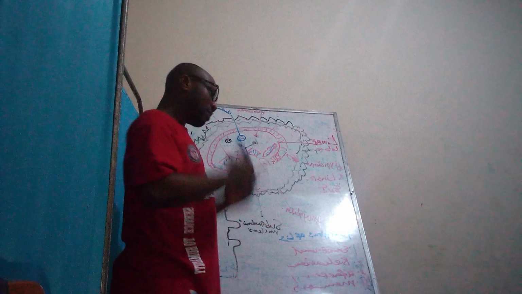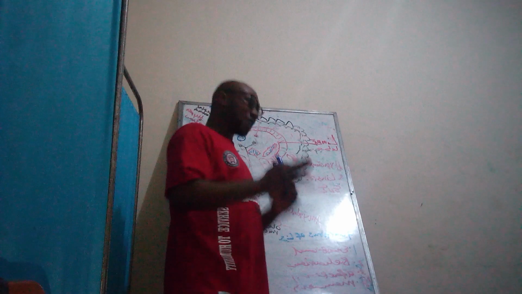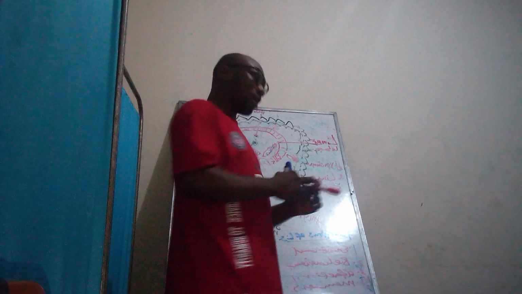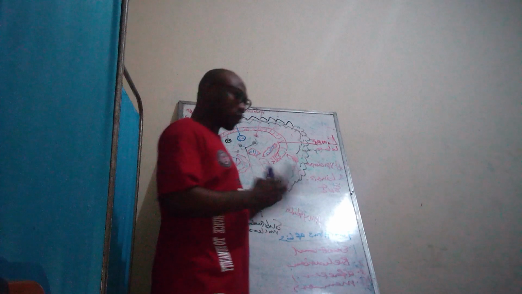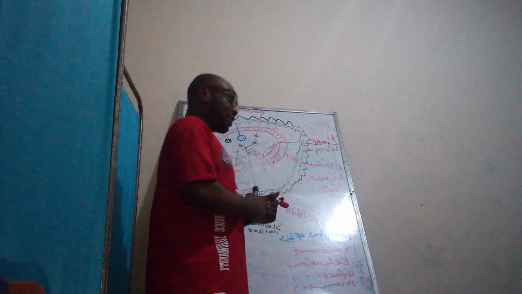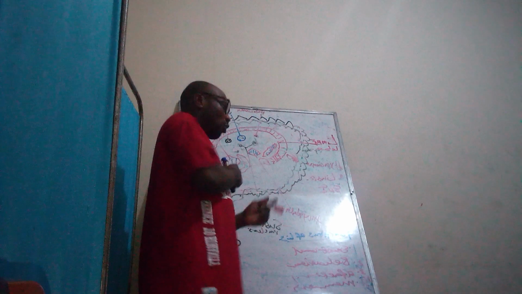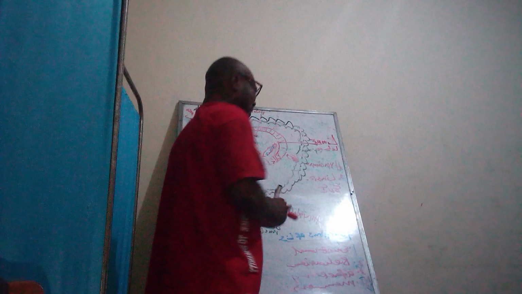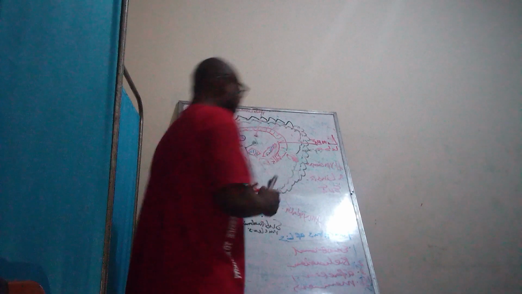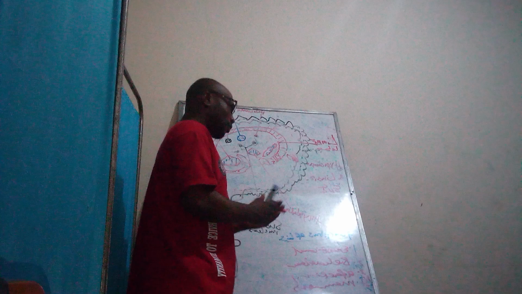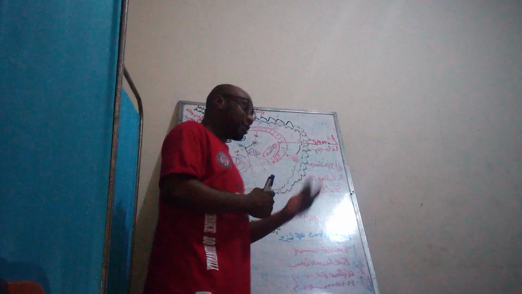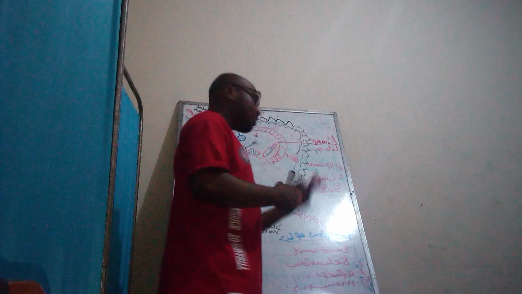The hypothalamus is made up of two basic aspects in limbic function. One, it has the mammillary body. Sometimes you used to hear that this particular aspect of the hypothalamus is responsible for the secretion of hormones.